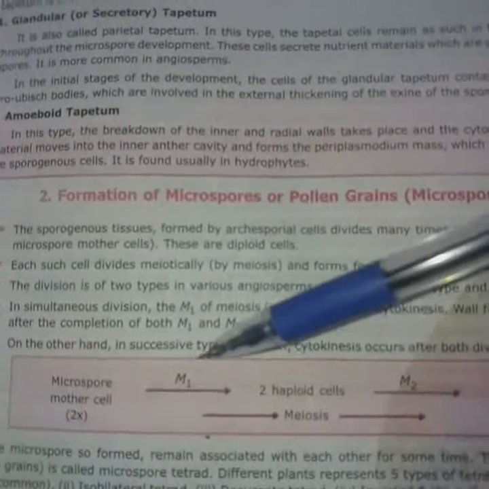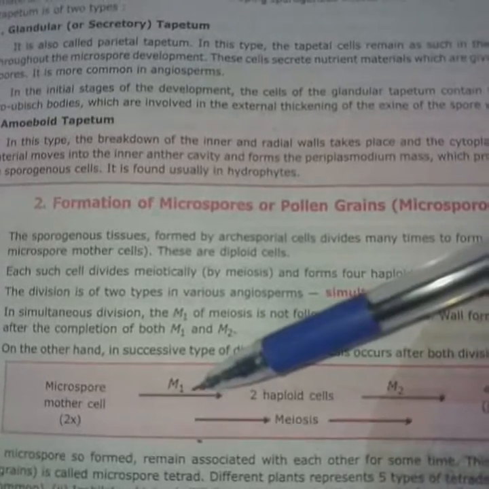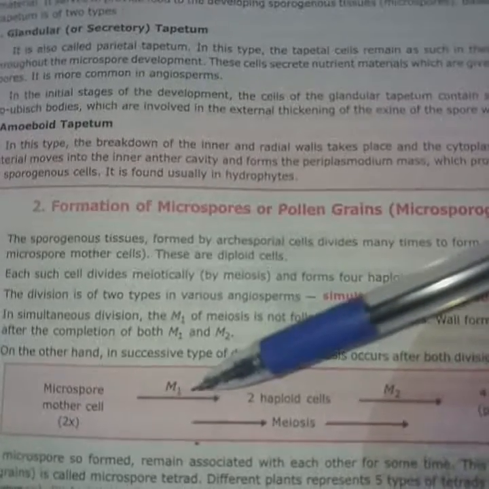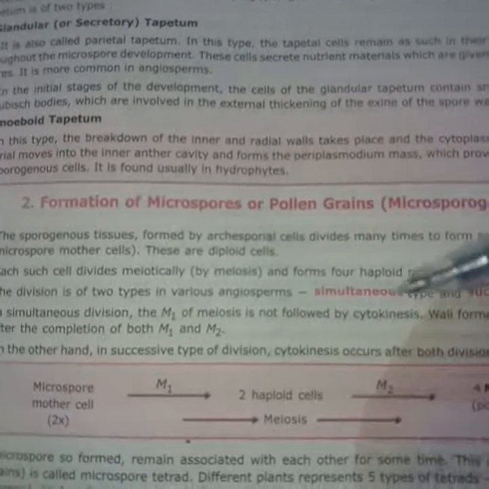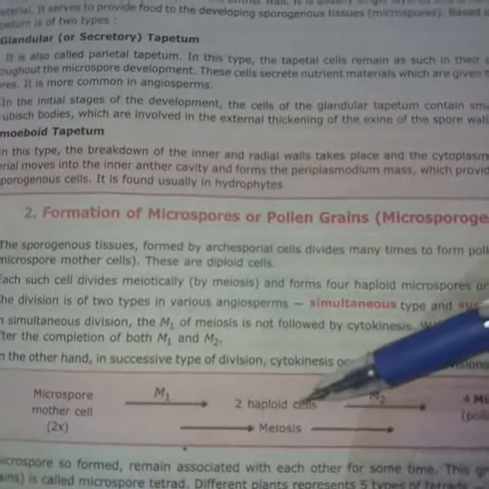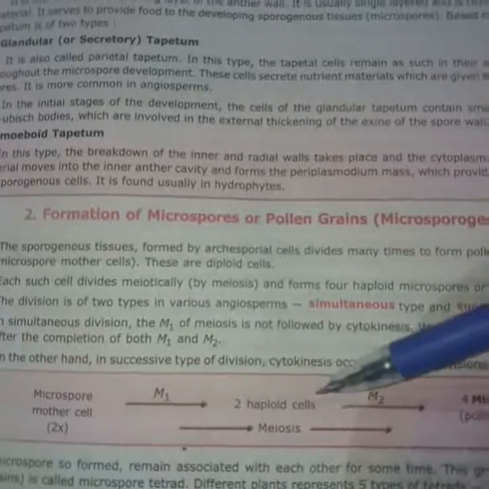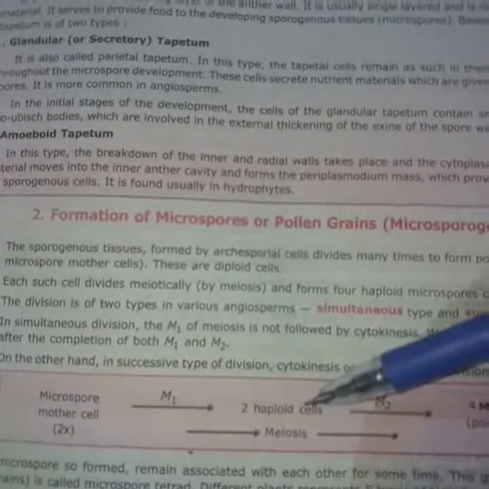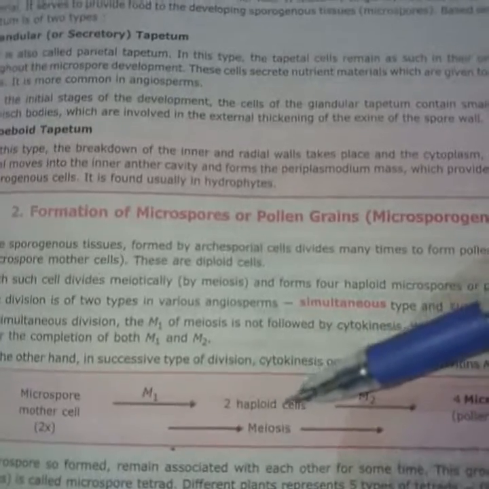In the first meiotic division, each cell divides by meiosis to form two haploid cells, that is, n cells, or two haploid daughter cells.